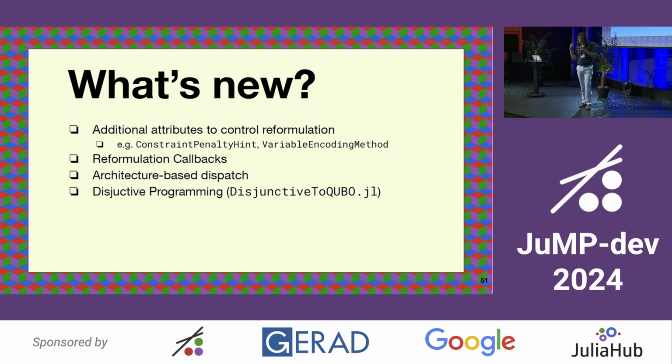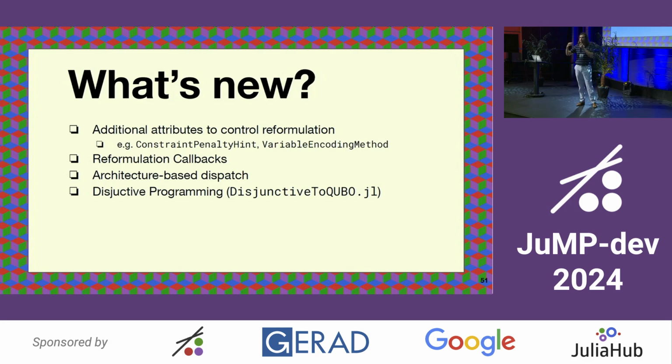What's new from the previous presentation is that we have some additional attributes that help you control what's going on, so you can select how your variables are going to be encoded. You can give hints on the penalty, so the software doesn't need to figure it out automatically. You also have reformulation callbacks, which is an interesting way to give the user control of what's going on.